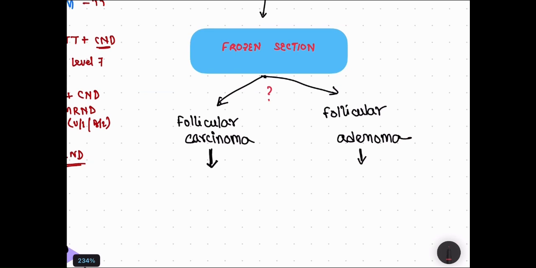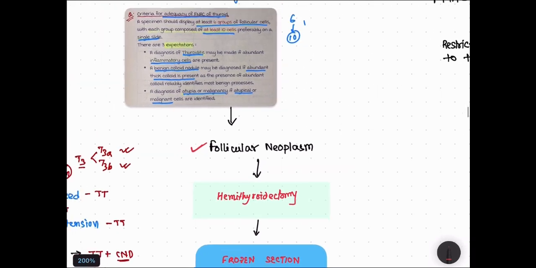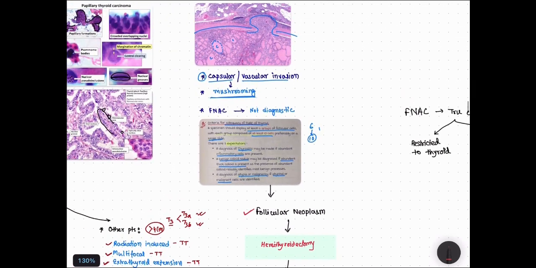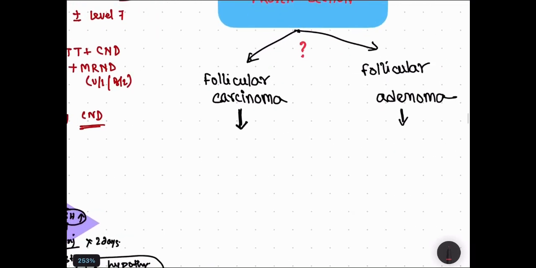So what is the feature that is differentiating this follicular carcinoma and adenoma? We have already discussed, that is the capsular breach or the vascular invasion and mushrooming. The pathologist is looking for these things. If these are present, he or she will report it as follicular carcinoma.